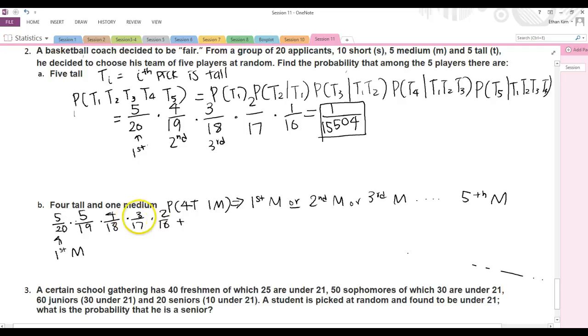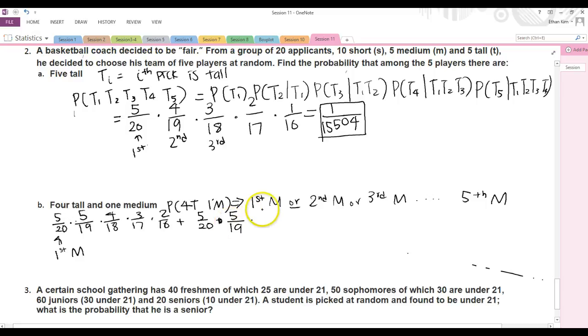Now let's look at the second case, when the second one is medium, right? So say the first is tall, so 5 out of 20, and the second is medium. So how many mediums do we have? We have 5, and now that we've chosen one person, we only have 19 left.